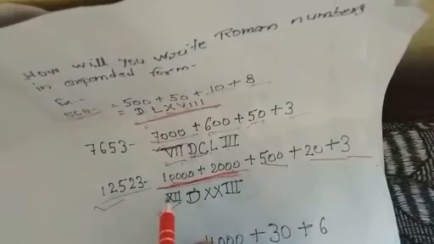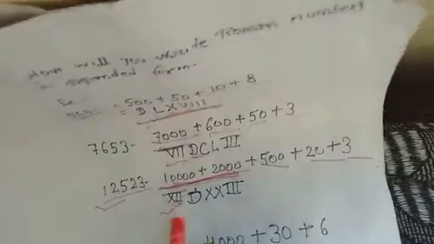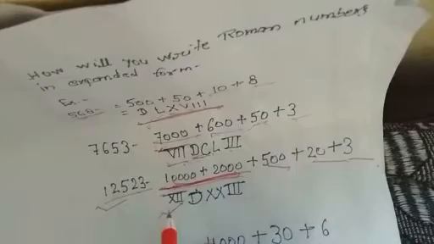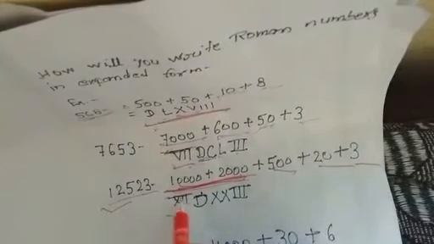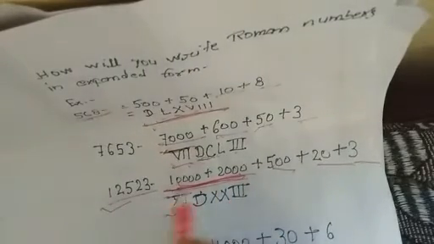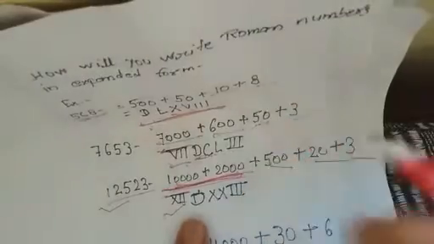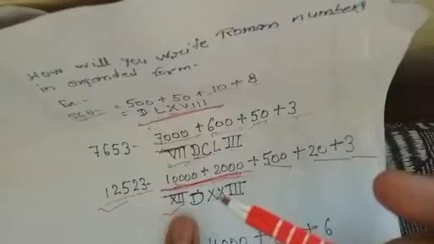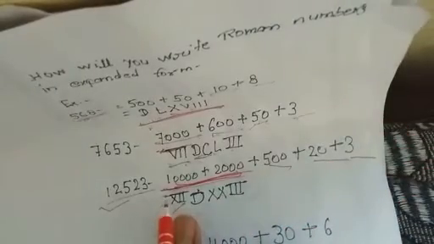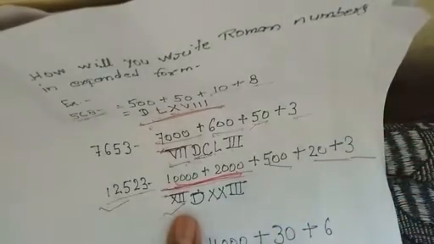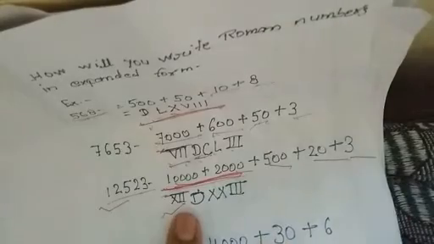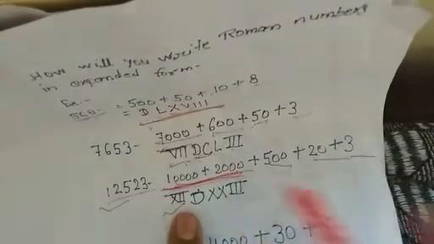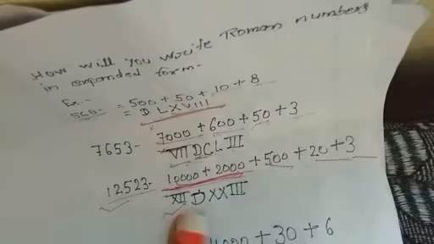And we can indicate the bar, means bar X double I will show the Roman number of 12,000. Before some time I told you if you indicate any symbol with bar, then that number will be multiplied by 1000, okay.